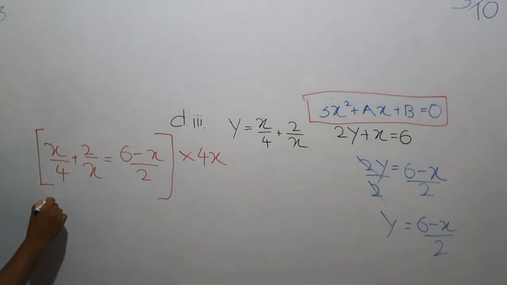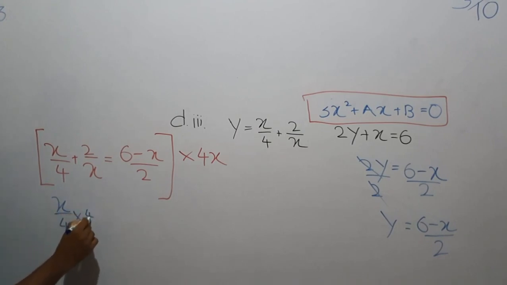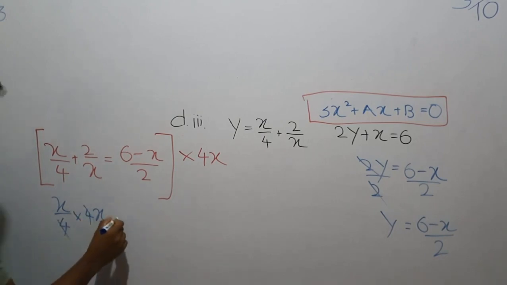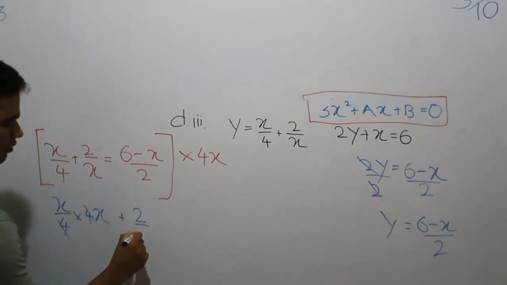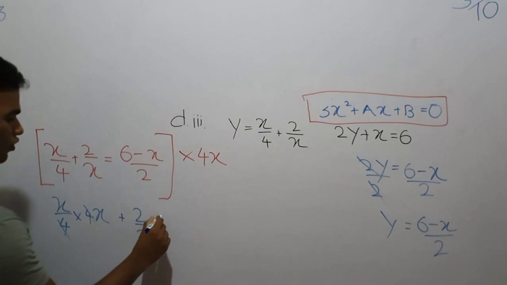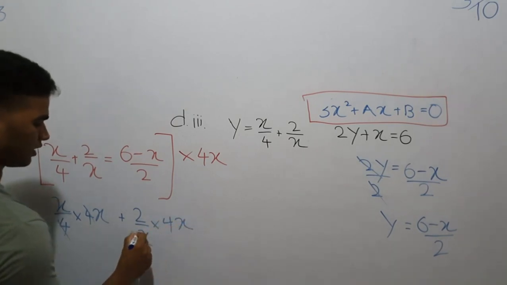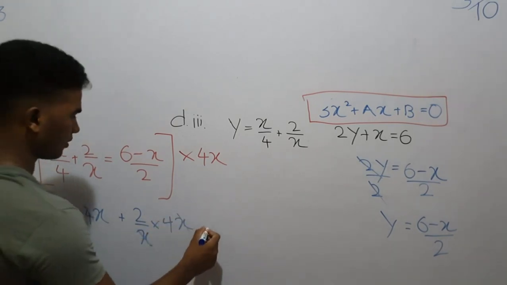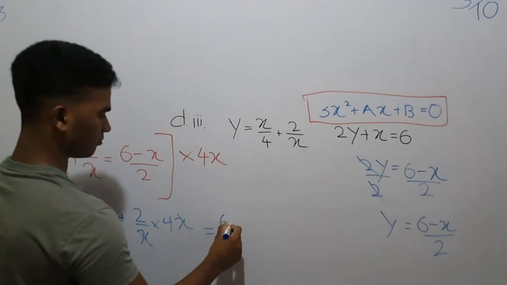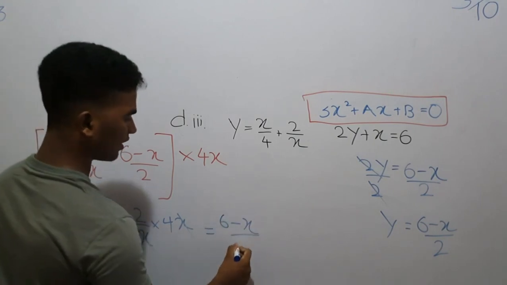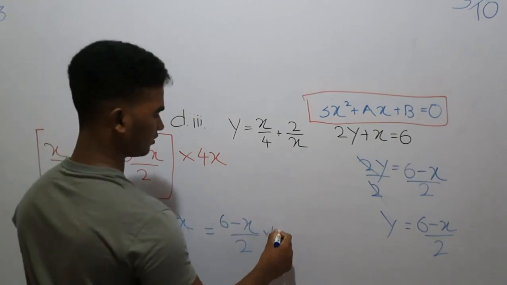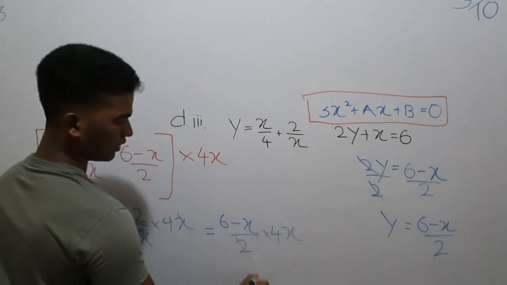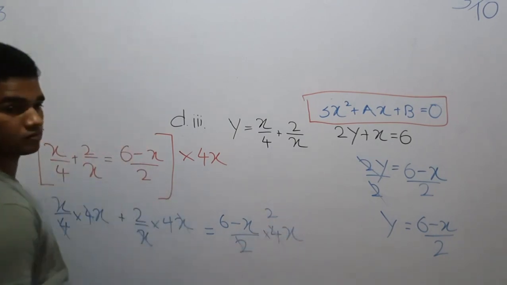X over 4 into 4x is 4, and 4 will get cancelled. So plus 2 divided by x into 4x is x, and x will get cancelled, equals 6 minus x whole thing divided by 2 into 4x. So 2 will get cancelled and 2 is remaining.